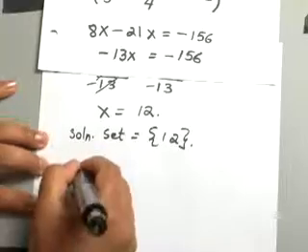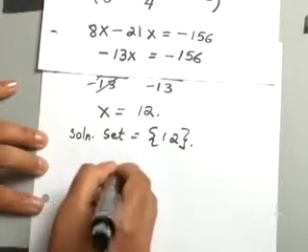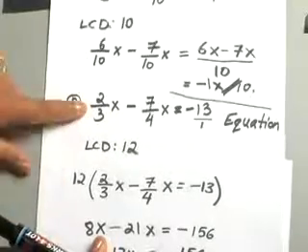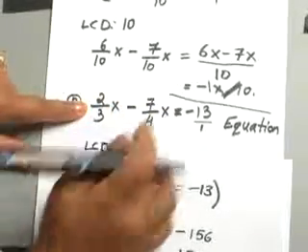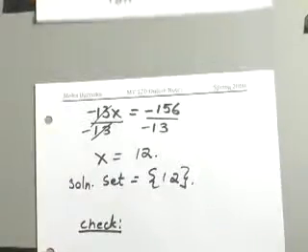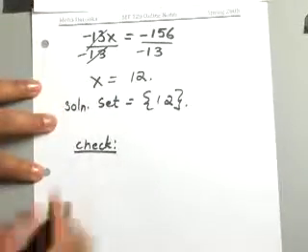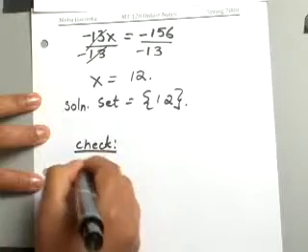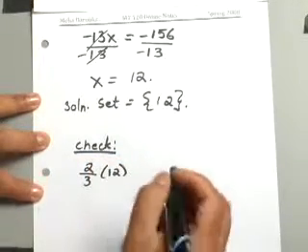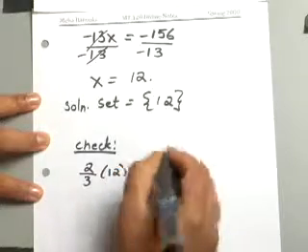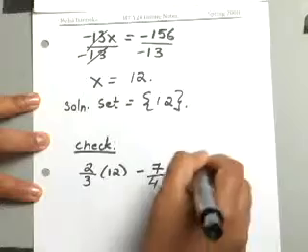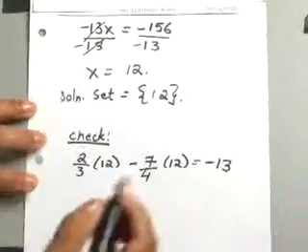Okay. Now if you want, you can try and check your answer. For checking your answer, just start with the original equation and replace these x's with 12 as you found your solution. So let's go ahead and see what happens when we check our answer. You had 2/3 x, so 2/3, instead of x you will write your 12, minus 7/4 x, again replace your x with a 12, equals negative 13.